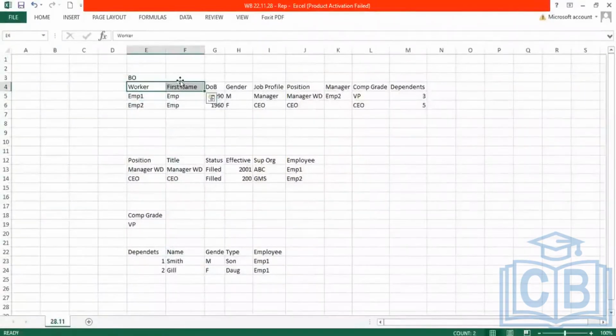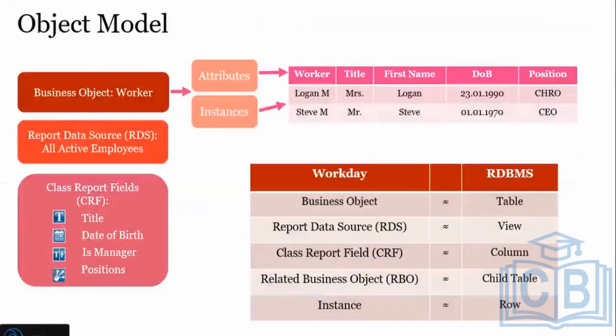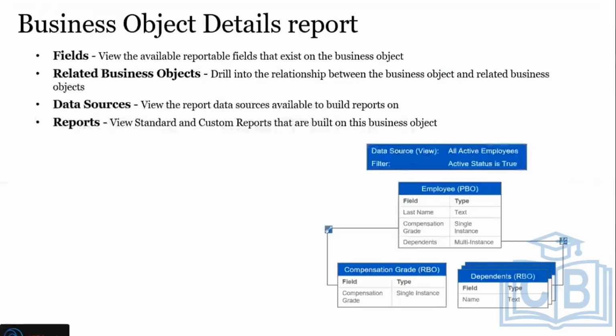We were talking about the relationship between business objects. A business object can have one to many relationships with another business object. For example, in our report, the primary business object is worker or employee.